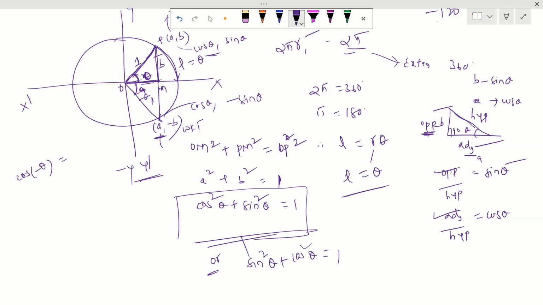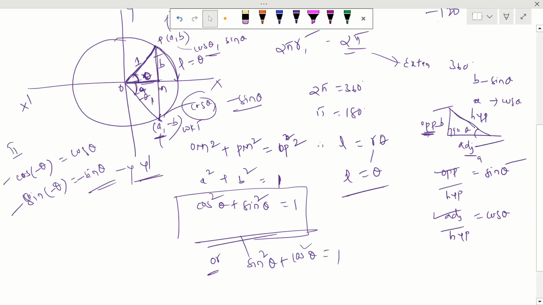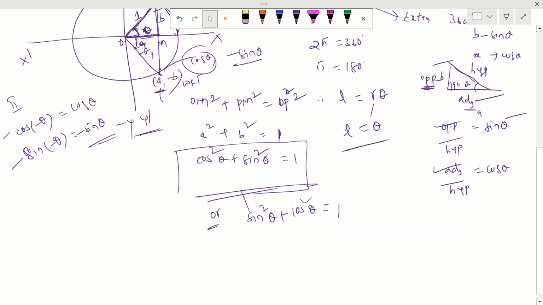So sine of minus theta is minus sine theta. Understood? So these are the second formulas from your trigonometric functions. One formula is sin square theta plus cos square theta is equal to 1, and cos of minus theta is cos theta, and sine of minus theta is minus sine theta.